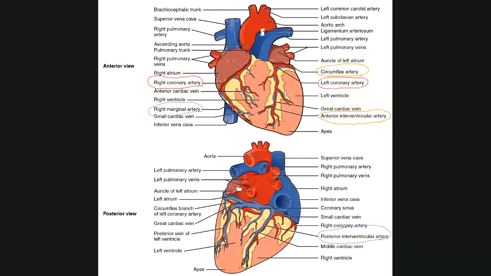And as you see here, each part of your heart can be nourished by different branches. Who can tell me why it's like this? For example, imagine that I have a group of cells in this part, and as you see here, this artery can nourish my black dot.